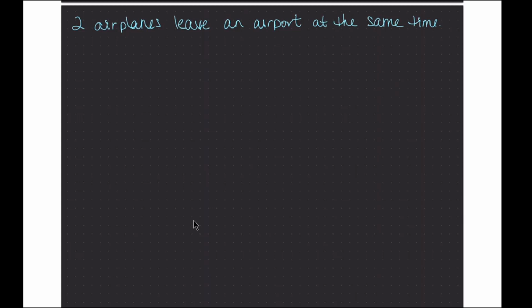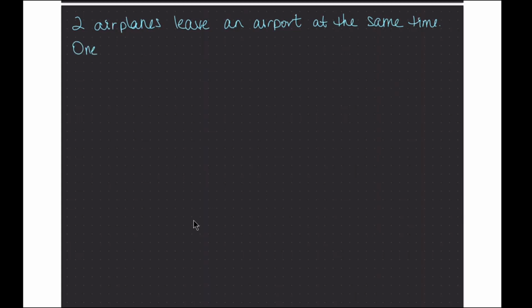All right, ready to go traveling? We're going to go traveling on airplanes. So I've got a long story to write for you. We have 2 airplanes. Well, 2 airplanes leave an airport, because where else are they going to leave from, right? And they leave at the same time on different routes or different runways.